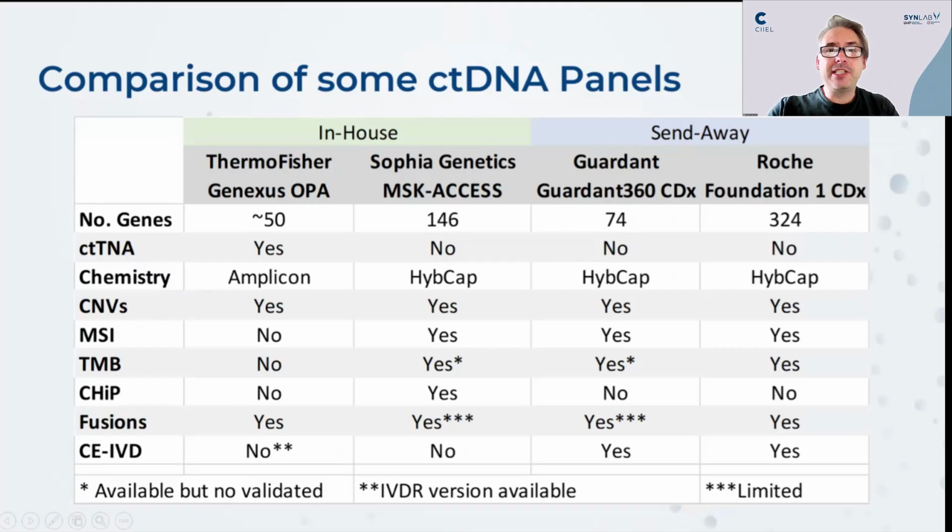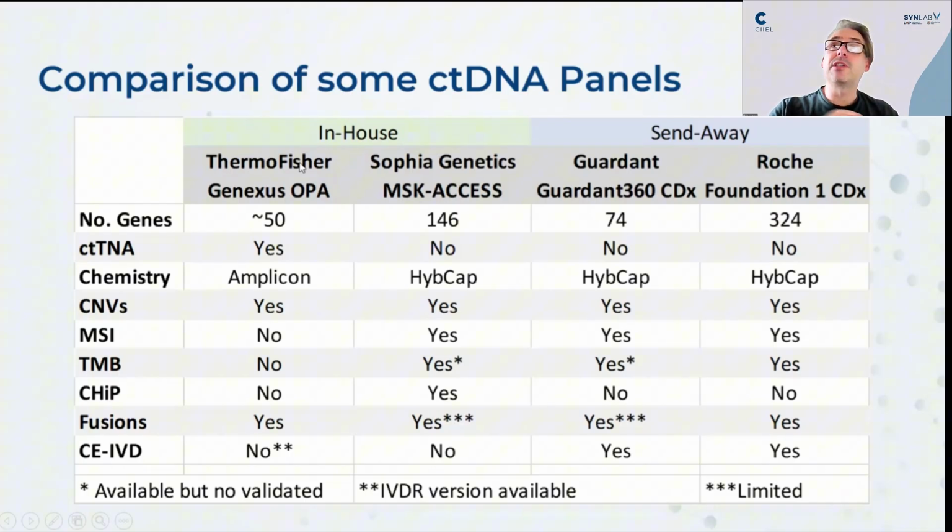Here's a quick comparison of some of the ctDNA panels. I picked these because these are the ones we have been familiar with using in our own service. We have both in-house and send-away. In-house, we still have this platform from Thermo Fisher, the Genexus, and the OPA, the Oncomine Precision Assay.